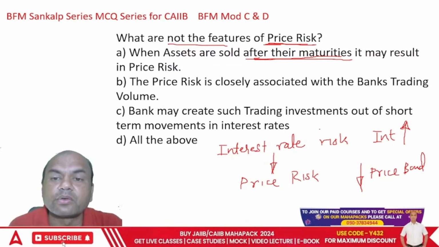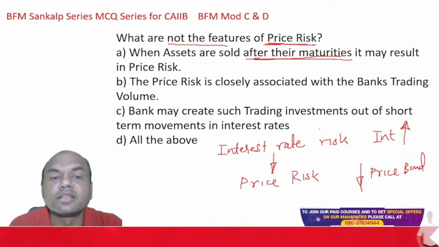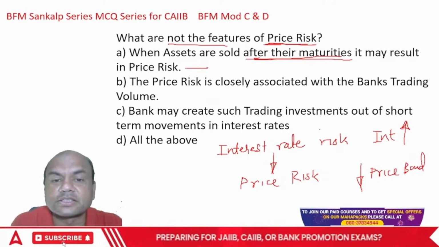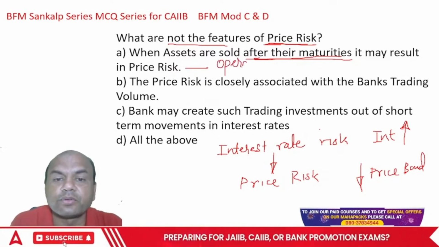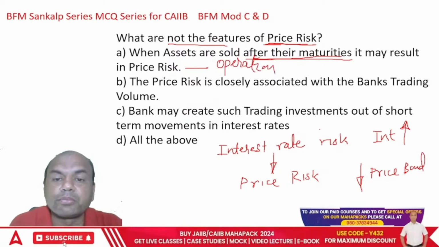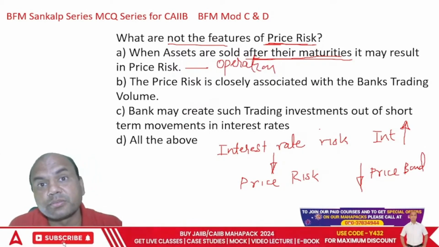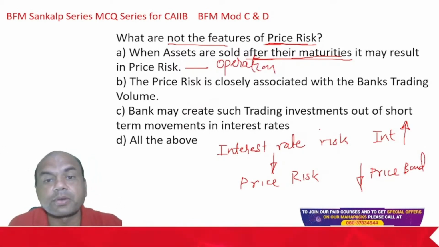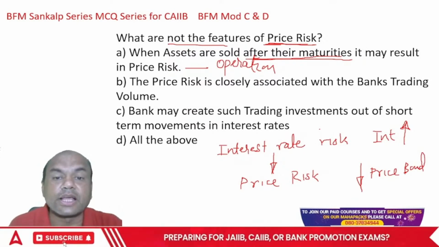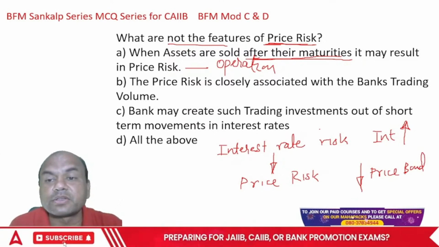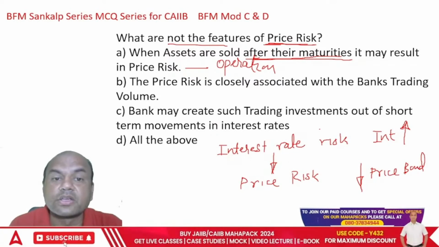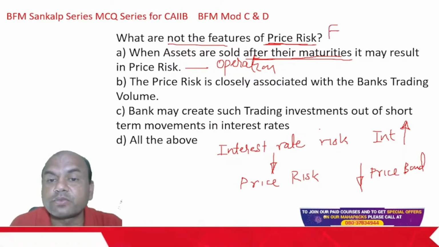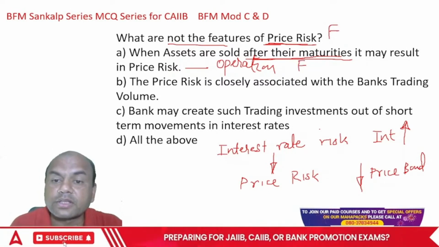Up to the maturity, only the price risk is there. This is known as operations risk. If you hold the bonds after the maturity also, means your operation team is not working properly. So this is not a feature. We want the false one, and this is the false one.